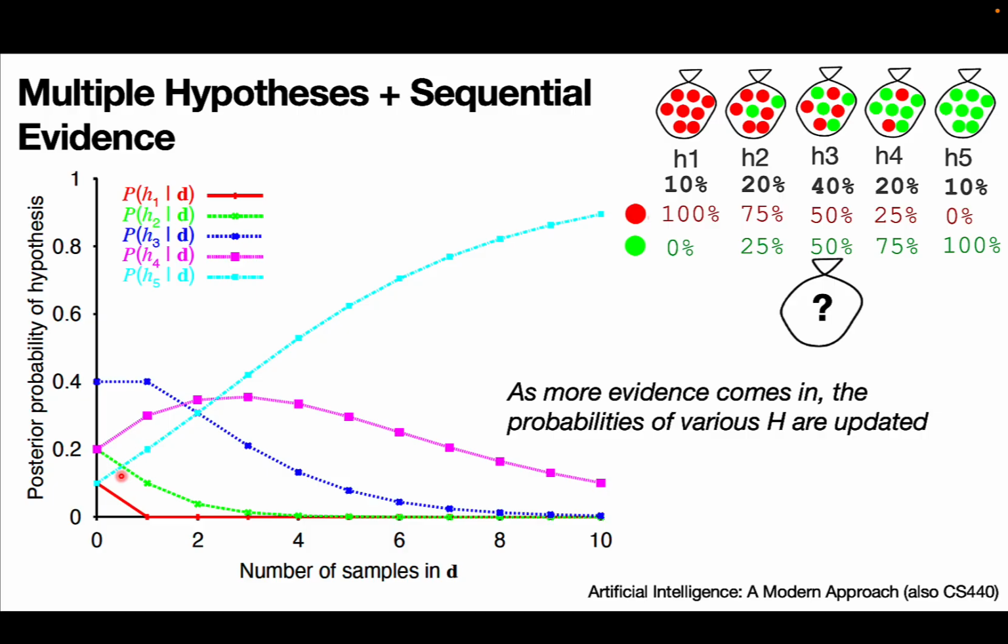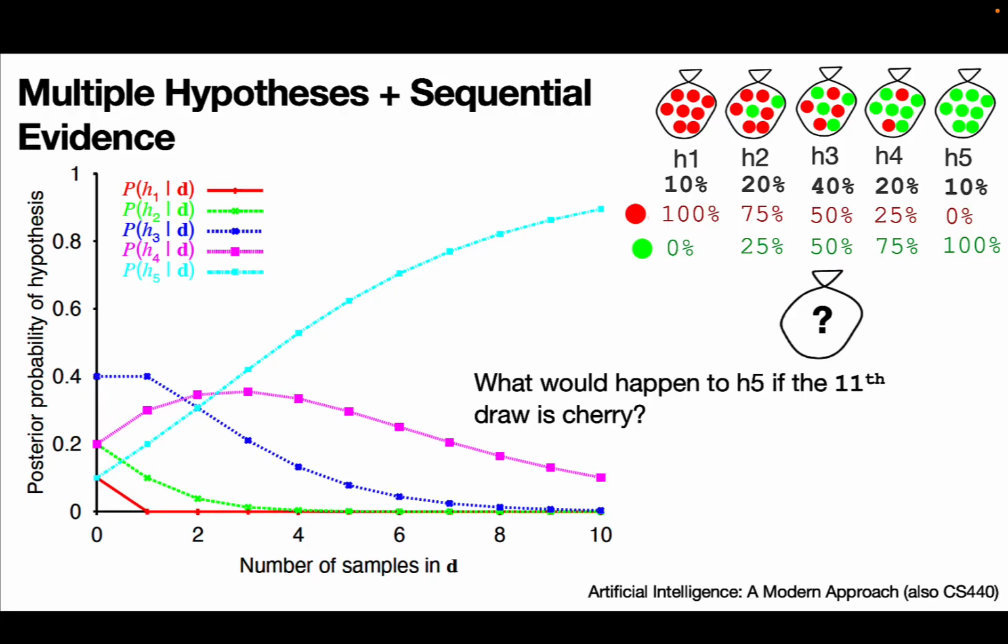As you can see, for bag number 5, or H5, things kept going better and better, because this is the bag which only has lime in it, and the probability is going to get closer and closer to 1. The other bags enjoyed a little bit of a run, but eventually the probability started to decline because they ran out of limey proportions inside them, right?